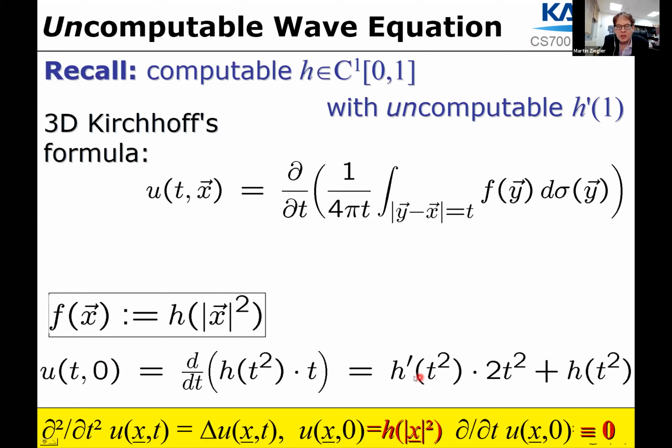But also the first derivative of the initial condition enters. And now, as you recall, Myhill's example was deliberately constructed so that this first derivative is uncomputable, and specifically uncomputable at argument t equals 1. So this is the reason why this solution at time t will necessarily be uncomputable.